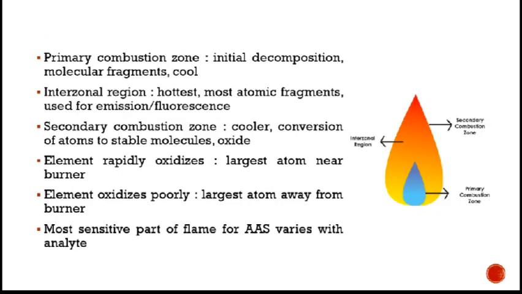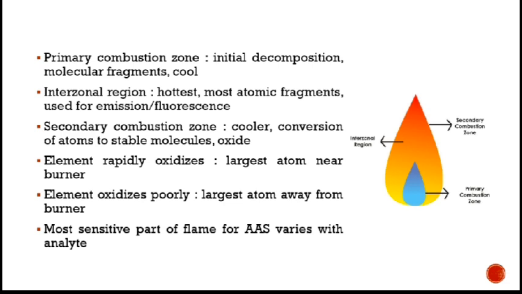Primary combustion zone. It involves initial decomposition and contains the molecular fragments. The temperature of the primary combustion zone is cool. The interzonal region is the hottest. Most atomic fragments are present here and it is used for emission or fluorescence.